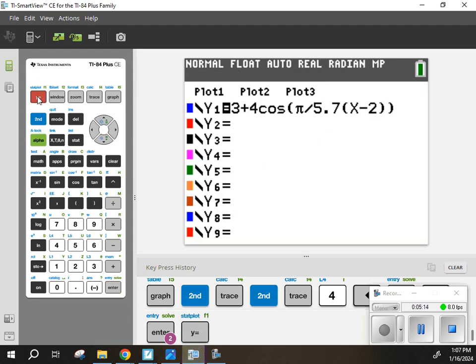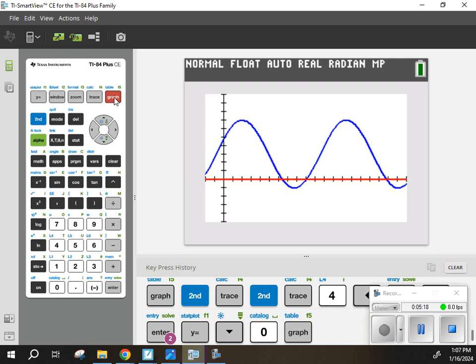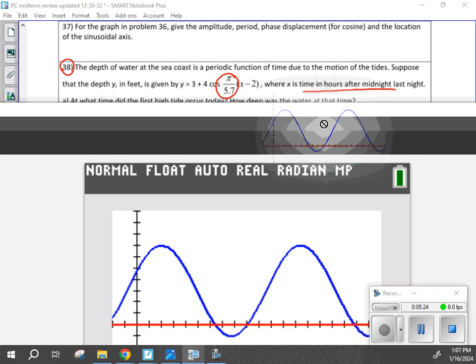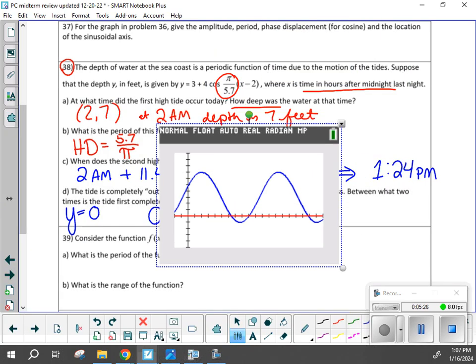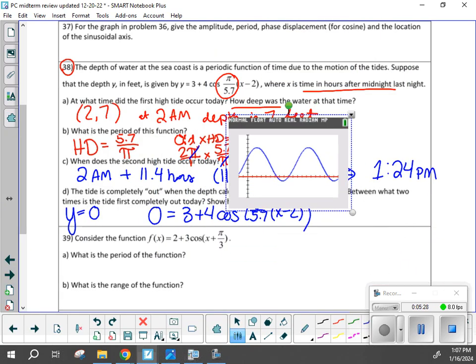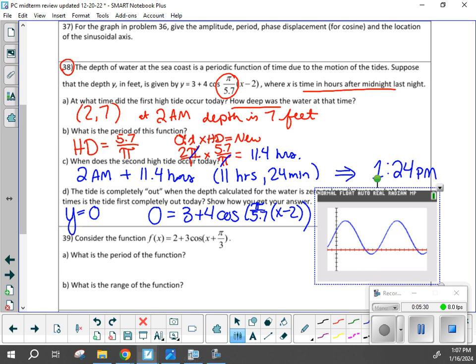We're going to put in y2, a straight line at 0, and we can see visually here all of the times that it's 0 or less. So what we're looking for are these two values here.